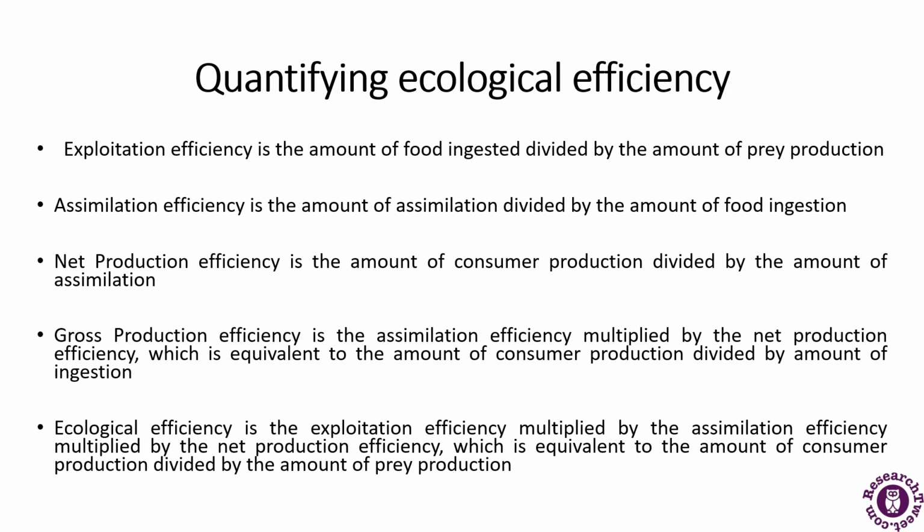The last is the ecological efficiency, which is the exploitation efficiency multiplied by the assimilation efficiency and multiplied by the net production efficiency, which is equivalent to the amount of consumer production divided by the prey production. So Pn divided by Pn minus 1.